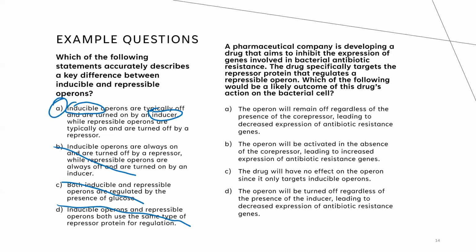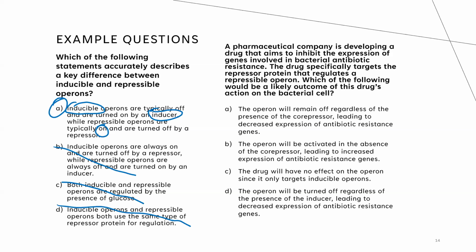So inducible operons are off. You're going to induce them by introducing the inducer. Repressible operons are off, wait, what does it say? I keep reading the word off over and over again. Repressible operons can only be repressed because they are on. Thank you, Lauren. Repressible operons are on and they are turned off by the repressor.